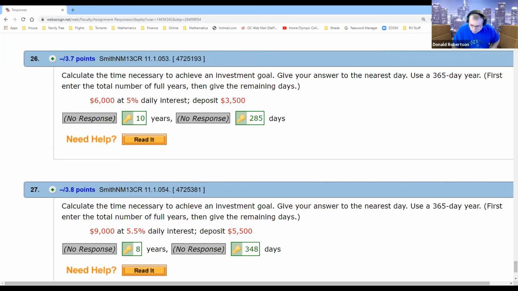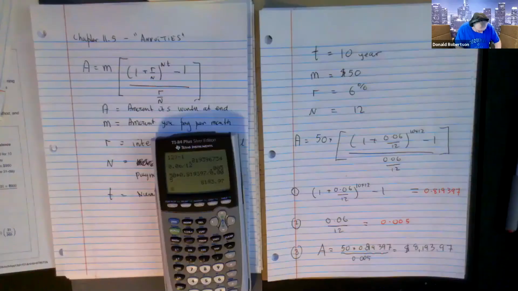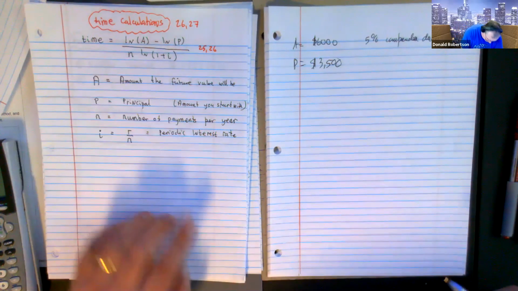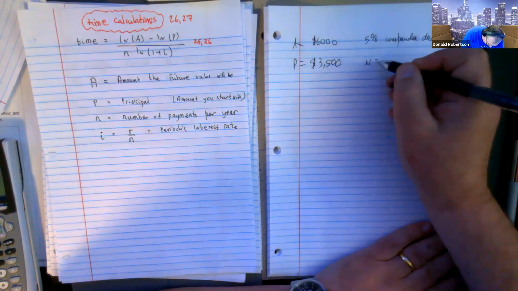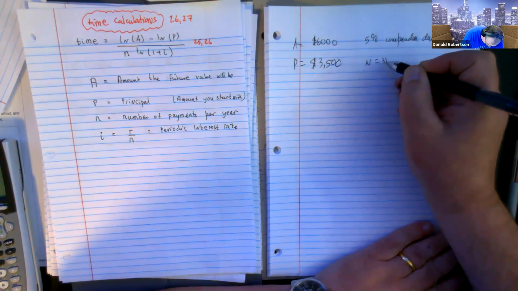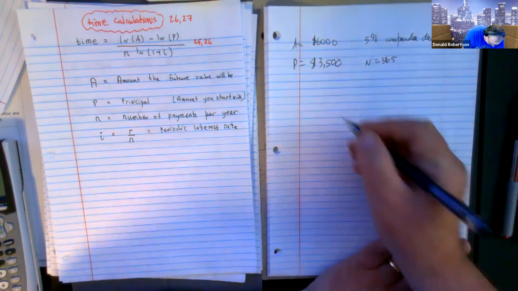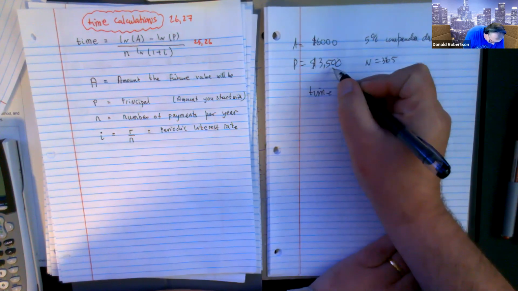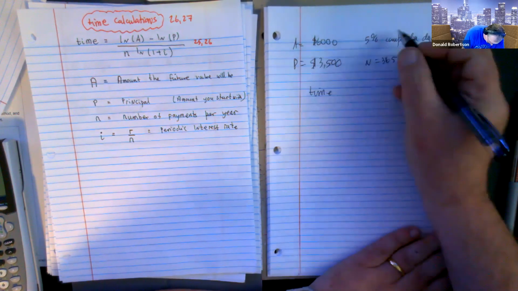Once you know the correct formula to use in each situation, it becomes a lot easier. So this is the formula that I'm going to use to get time. Oh, by the way, since it's daily, N is 365.